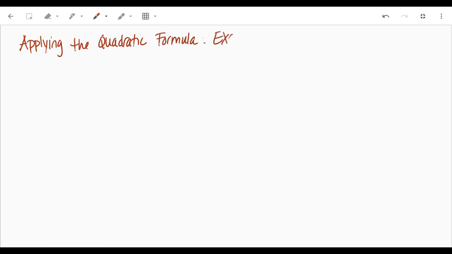Exact answers. So that's when you leave the square root in your expression. Okay.